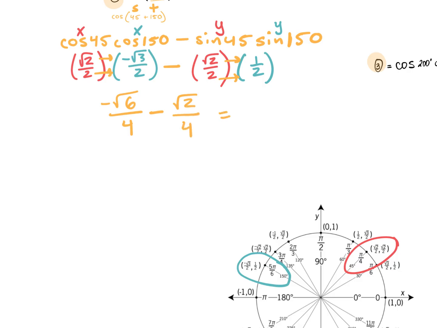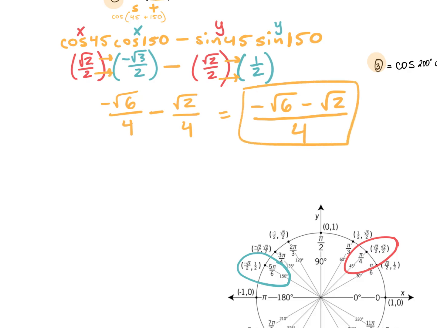So when we combine these together, we get negative square root 6 minus square root 2 over 4. Those are not like terms, you cannot combine them. So that would be our answer. We just combine it because we have a common denominator, but you can't actually add the tops together because they're different radicals.